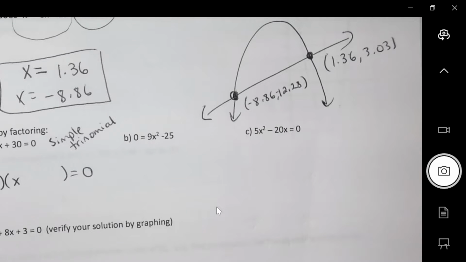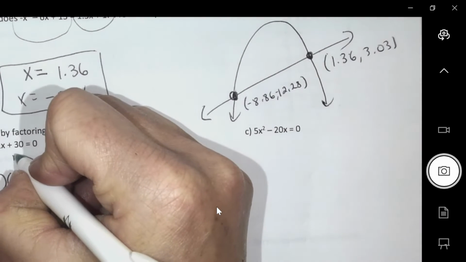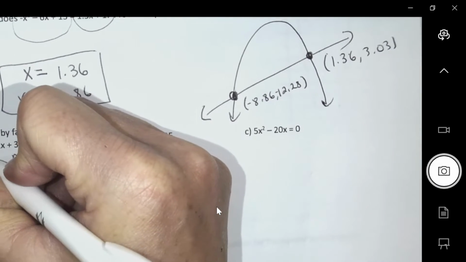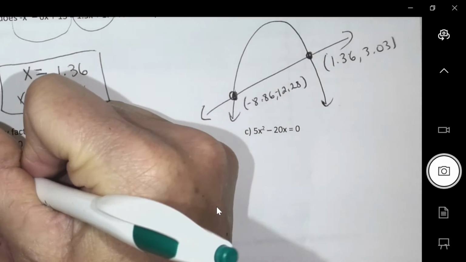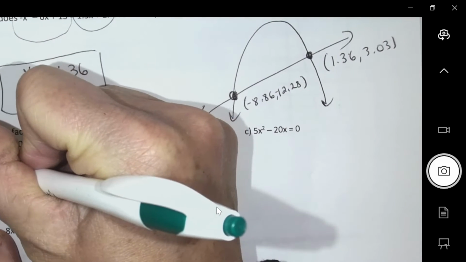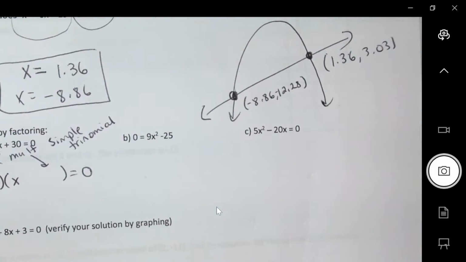And so this is the rule. What multiplies and adds? You have to think of 2 numbers that multiply to positive 30 and add to negative 11.